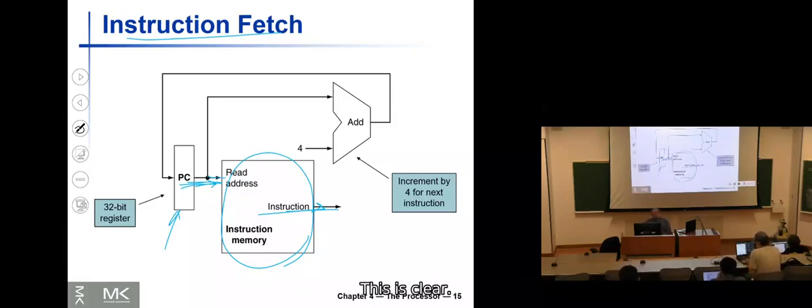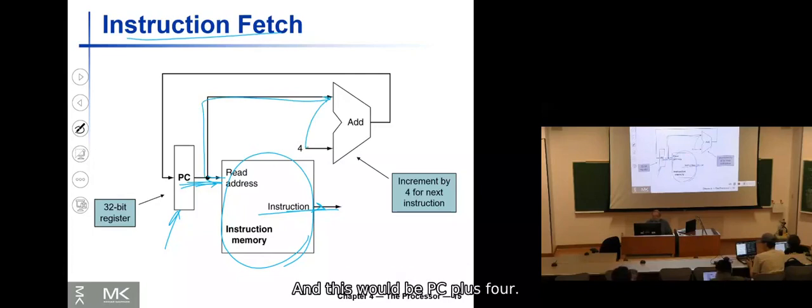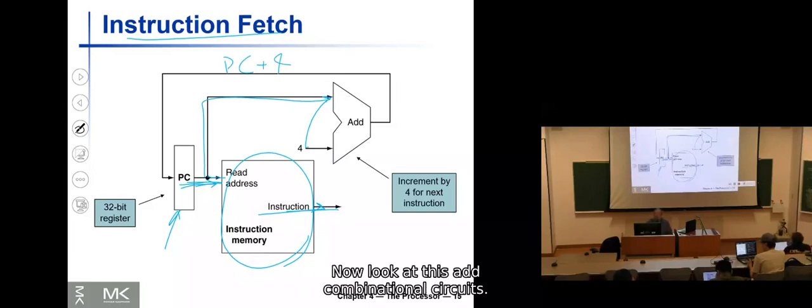So this is clear. Now we go here, and the PC goes here and will be added by 4, and this would be PC plus 4. So now look at this. This adder is a combinational circuit.